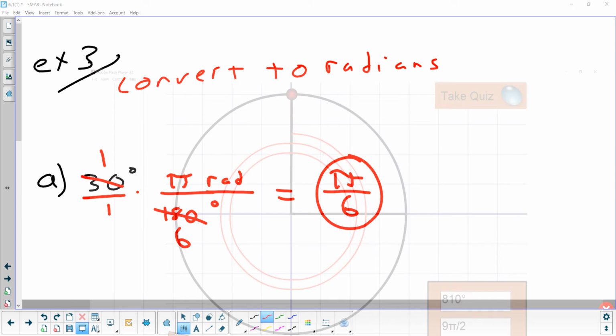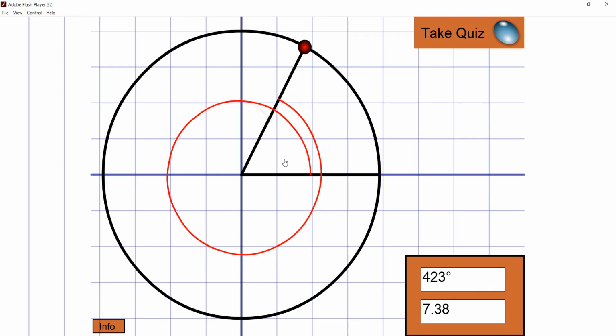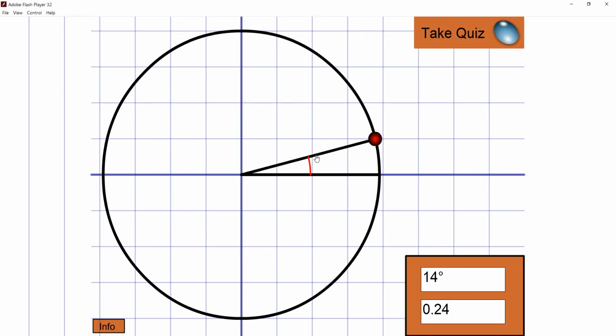And that's why, I don't know if you noticed on this chart, but when I hit certain angles on here, like all of a sudden when I hit 30, it changed to pi over 6. When I hit 45, it changed to pi over 4. So there are special angles, mostly multiples of 30 and 45. Some of the 15s too we could do, but don't do it out unless they say to.